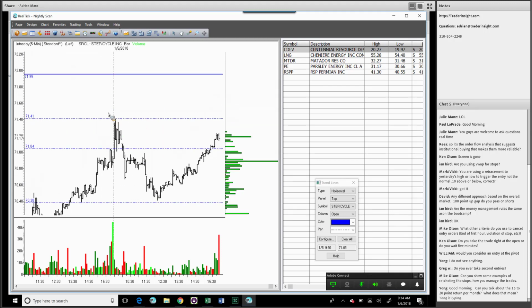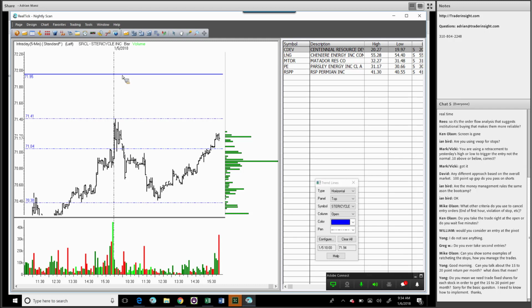So in the case of SRCL, we were looking for a move up to the 71.95 pivot. If price had traveled to 50% of that, then immediately we would have moved the stop to break even.